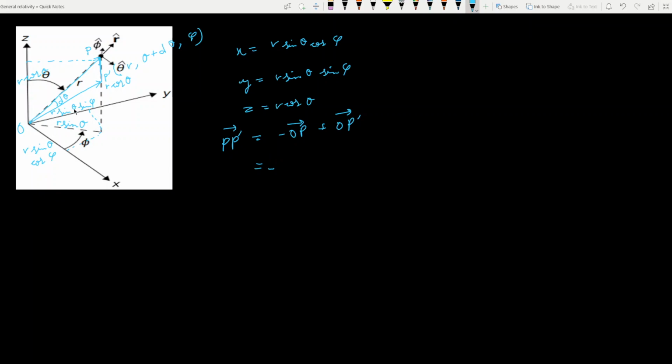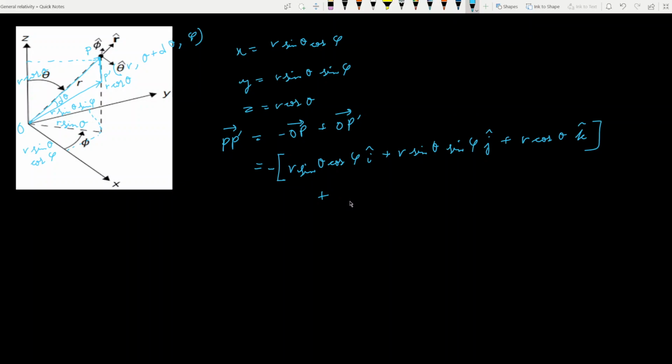So the OP vector would be in the x direction, meaning in the i hat direction we have, let's give a bracket here, this should be r sine theta cosine phi i hat plus r sine theta sine phi in the y direction j hat plus r cosine theta in the z direction k hat. That's our OP vector, plus OP primed vector.